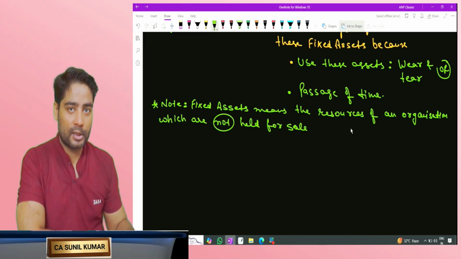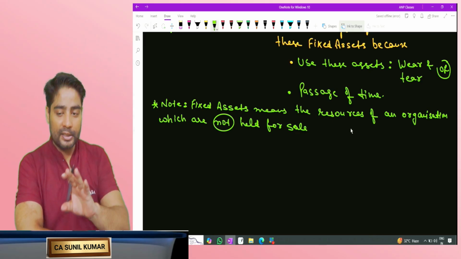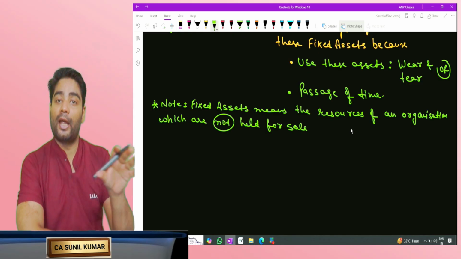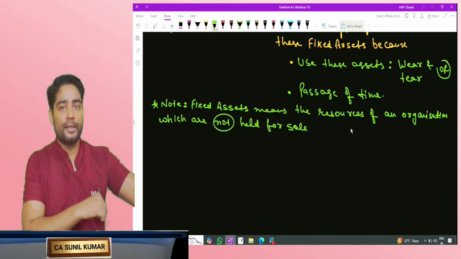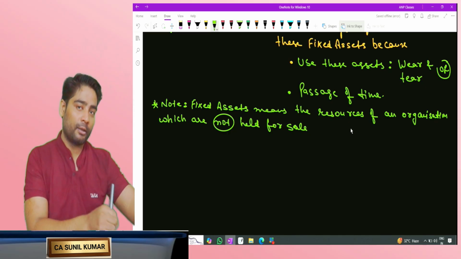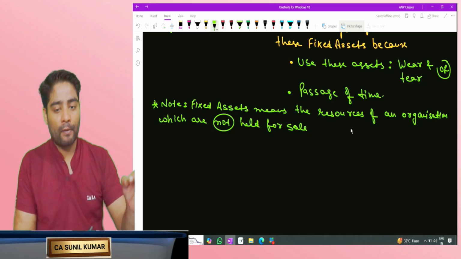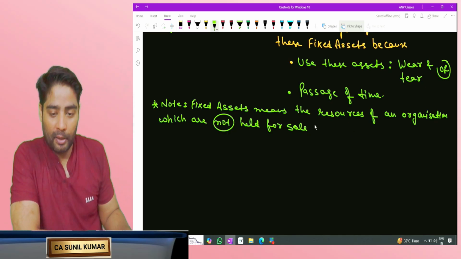These are resources like machinery, building. These are not purchased or held for sale. We don't have the intention that we will purchase and sell that resource and make a profit from it. No, we will use them.